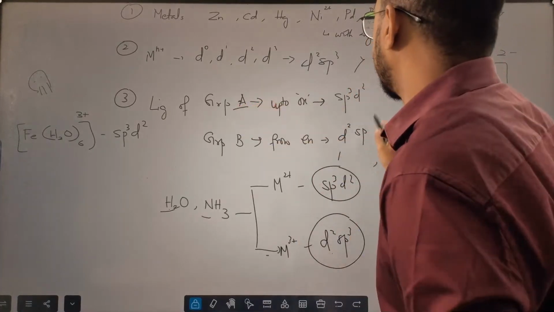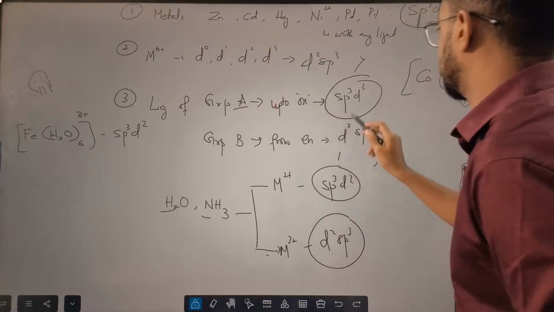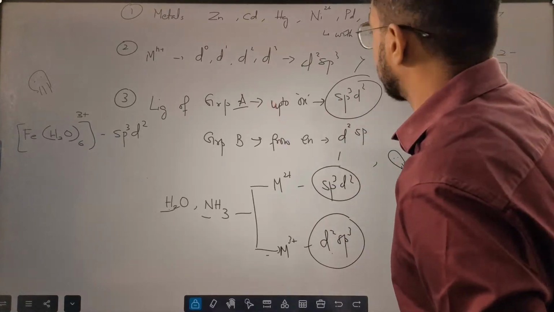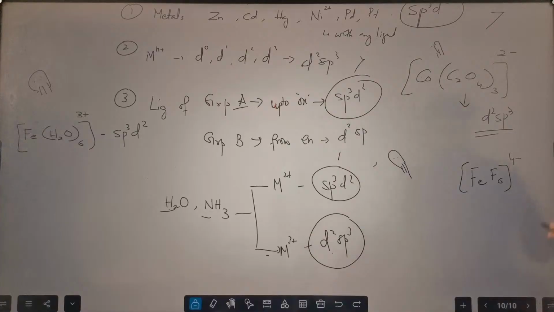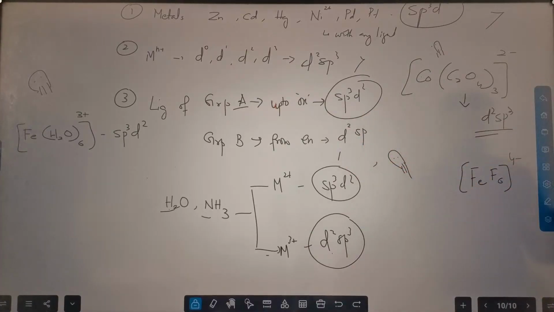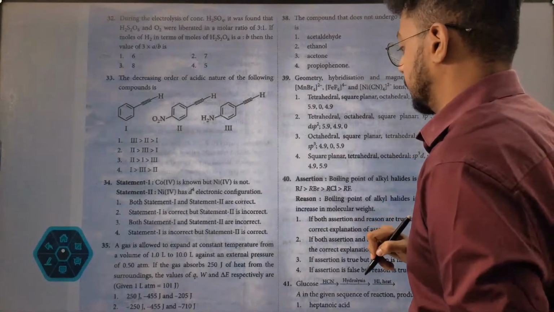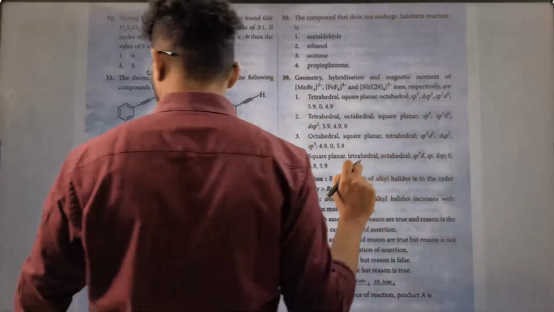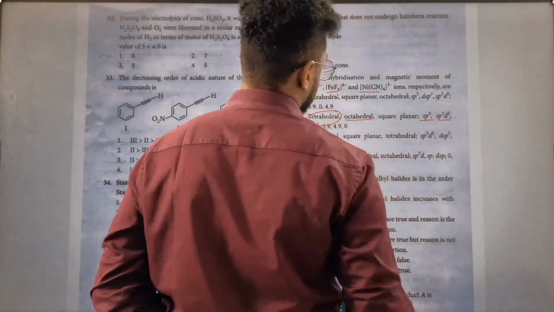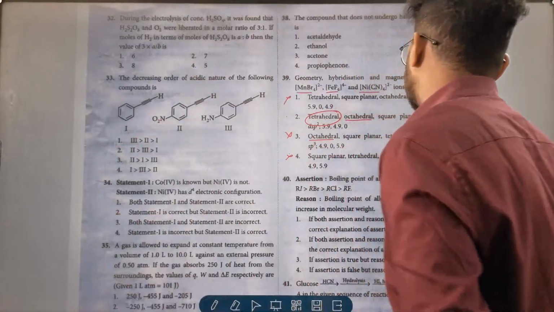This is group A. So straight away you can tell it is sp3d2. There is no exception. So you can straight away say it is sp3d2 with octahedral geometry.